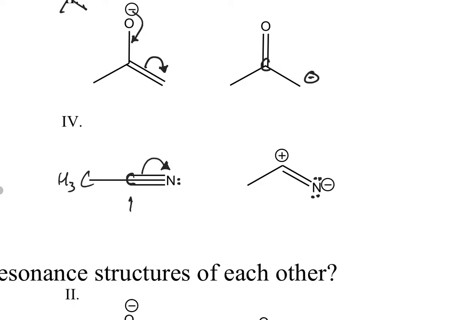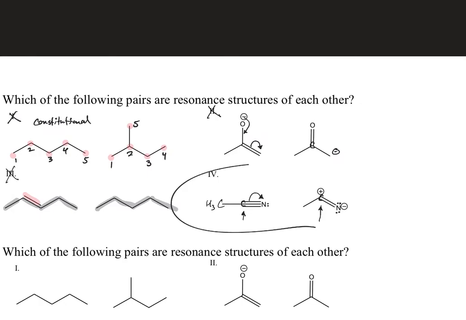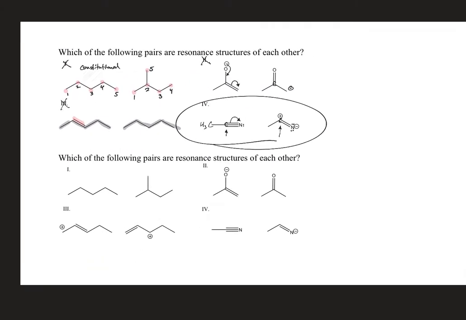It ends up as a positive charge. And again, there's a carbon here. It goes from 4 bonds to it to 3 bonds to it, and therefore it should be positively charged, and it is. So group 4 there is the set of resonance structures.